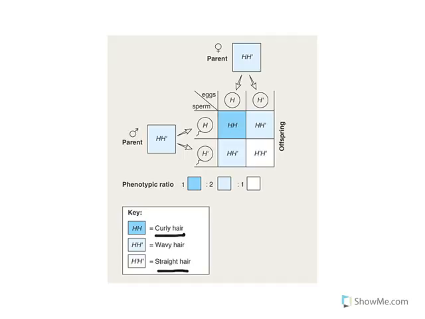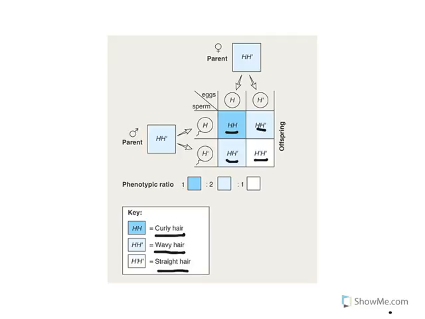When you have the heterozygous condition, capital H and the other H with a little apostrophe at the top, now you get a blending of the 2 and you get wavy hair. So in this cross here, they're crossing 2 parents that are heterozygous for wavy hair, and you can see that you will get 1/4 producing curly hair, 1/4 producing straight hair, and half will have the heterozygous condition, resulting in wavy hair.